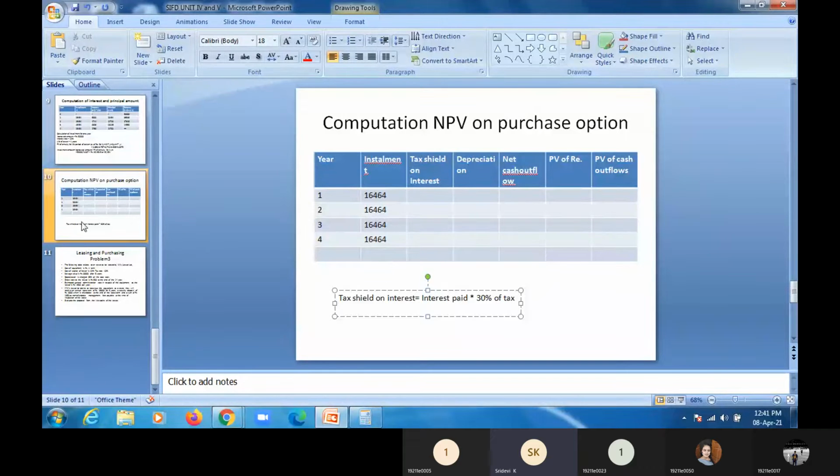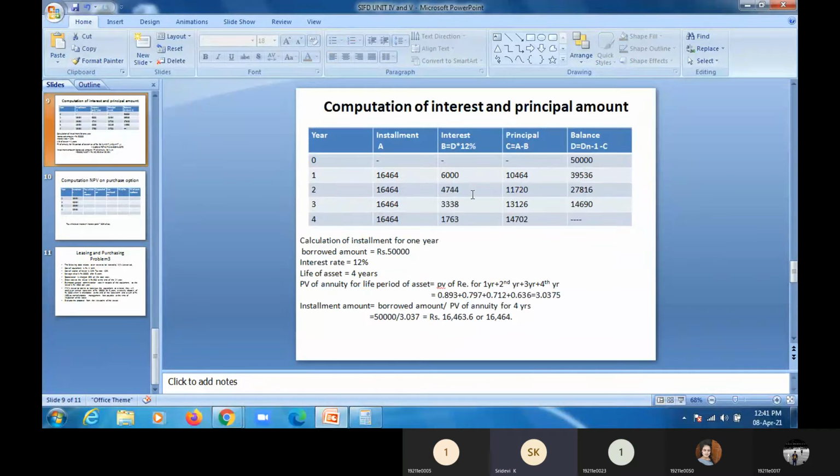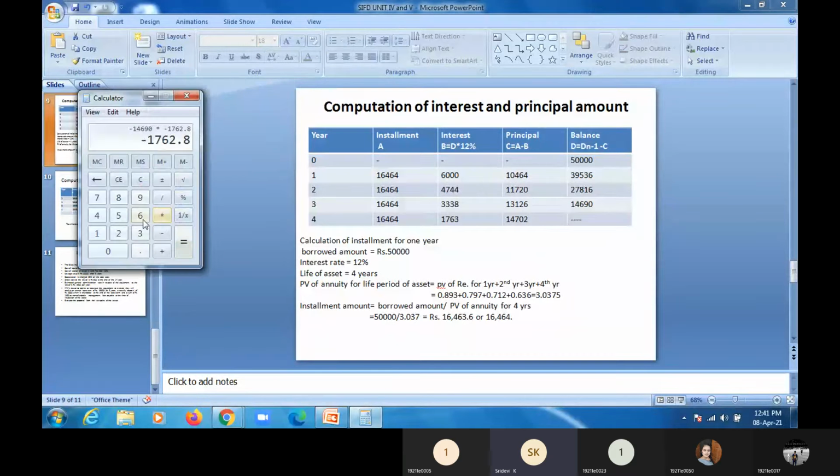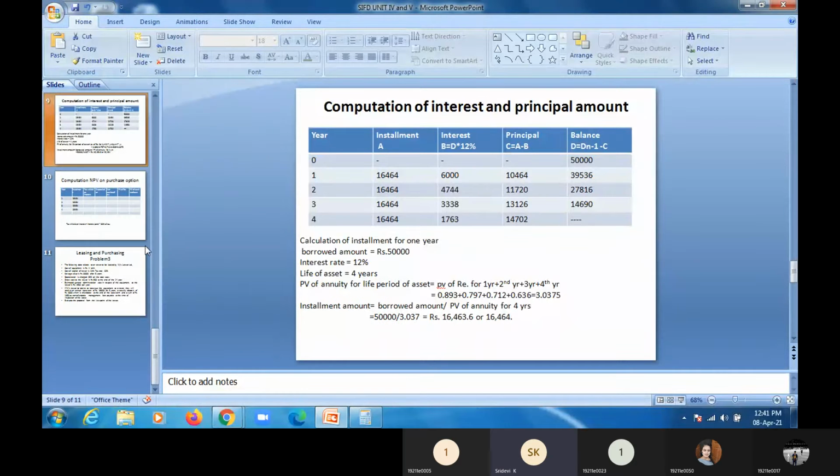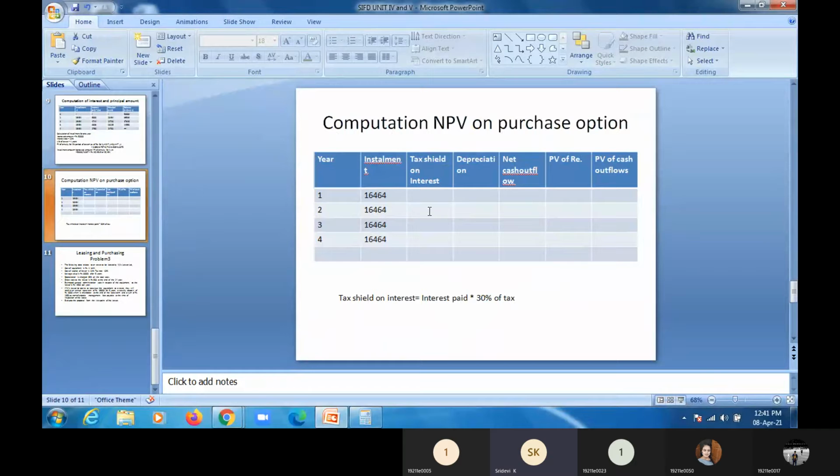In the first year, interest we have paid is 6,000. 6,000 into 30%, how much is it? 6,000 into 0.3. So we got 1,800 by calculating this. So 1,800 is the tax shield.